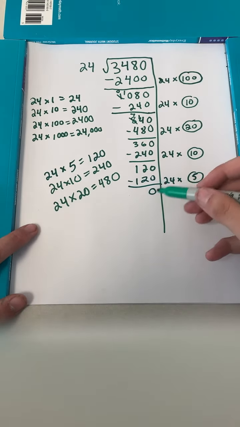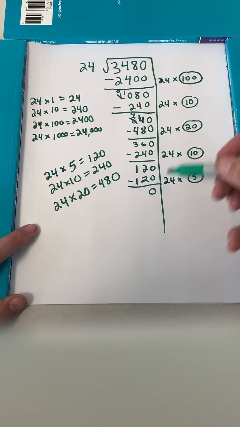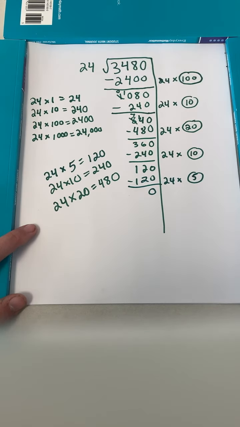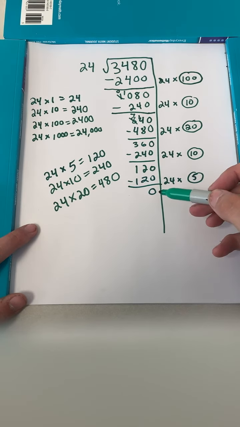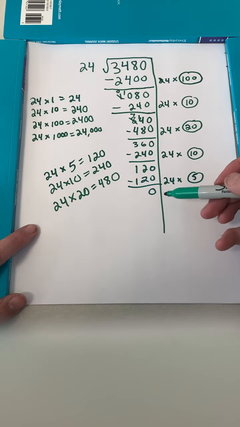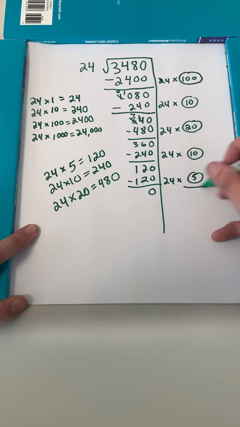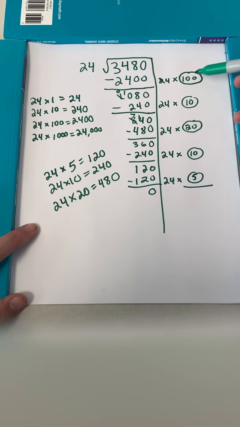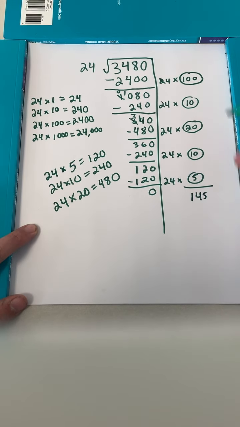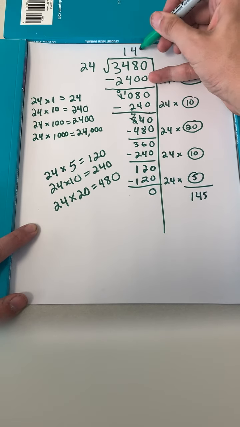If the number down here is less than the number I started with and I can no longer subtract, then that is my remainder. But since this is 0, I have no remainder. The last thing I do is add up my partial quotients: 100, 110, 130, 140, 145. My answer is 145.